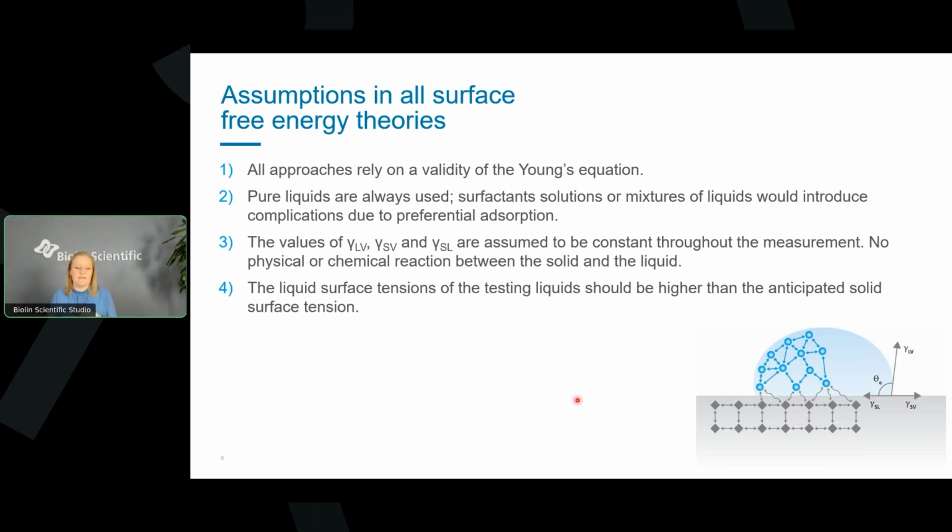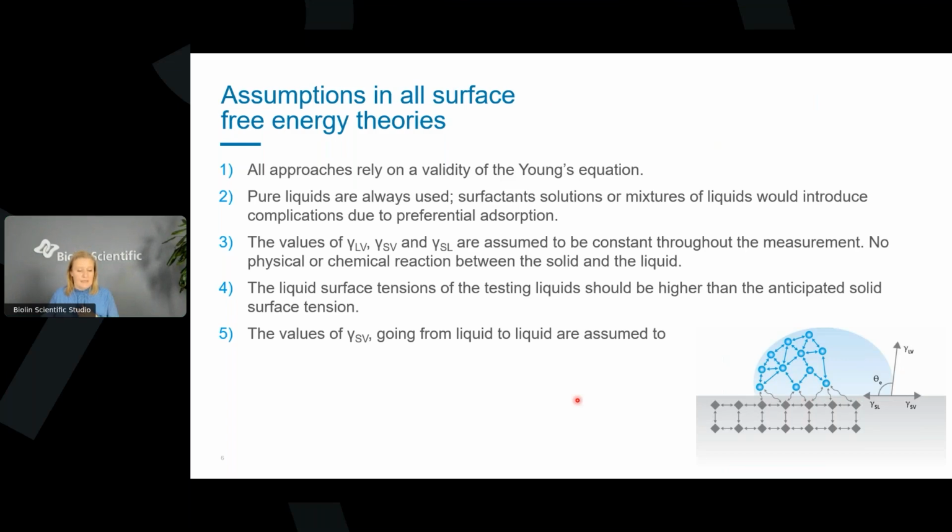And this is because if you have a lower surface tension in the liquid, what will basically happen is that it will completely spread on the surface, and you wouldn't really be able to measure the contact angle, or you would need to mark the contact angle to be 0, and then the equations wouldn't really work anymore.